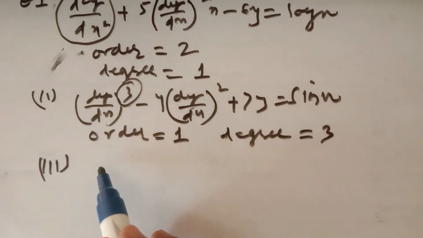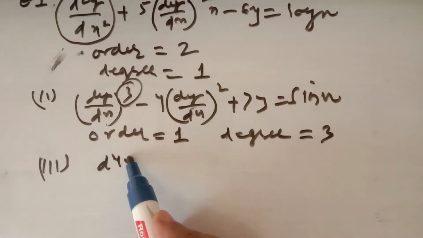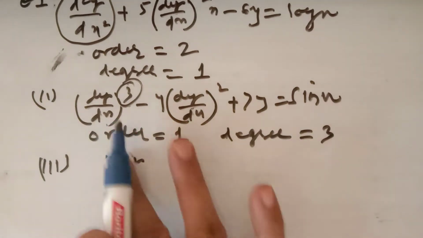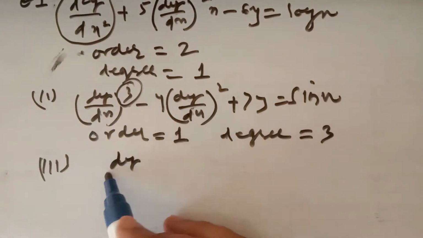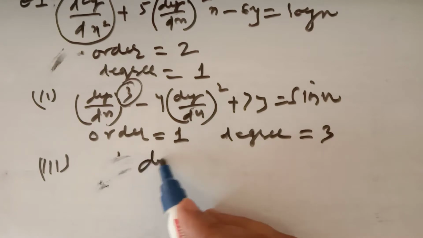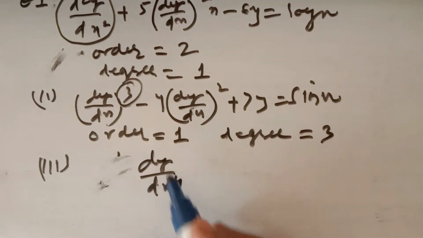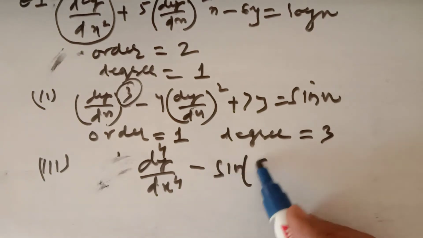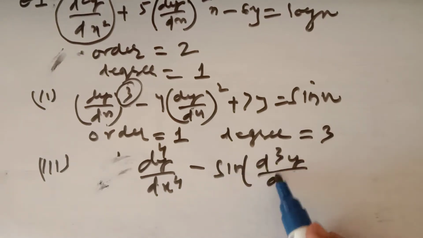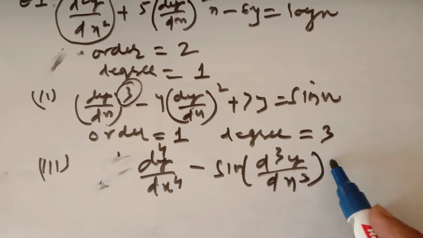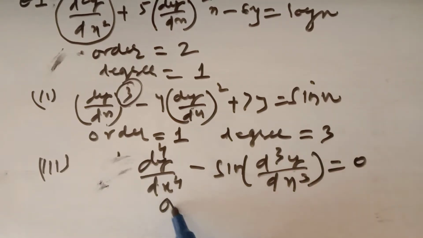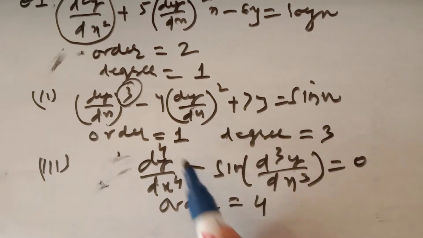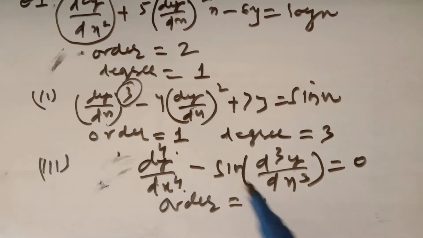We have the fourth derivative d⁴y/dx⁴, and its order is 4 because here the highest derivative is of order 4, and it is not a polynomial in terms of dy/dx because here dy/dx is the angle of sine.